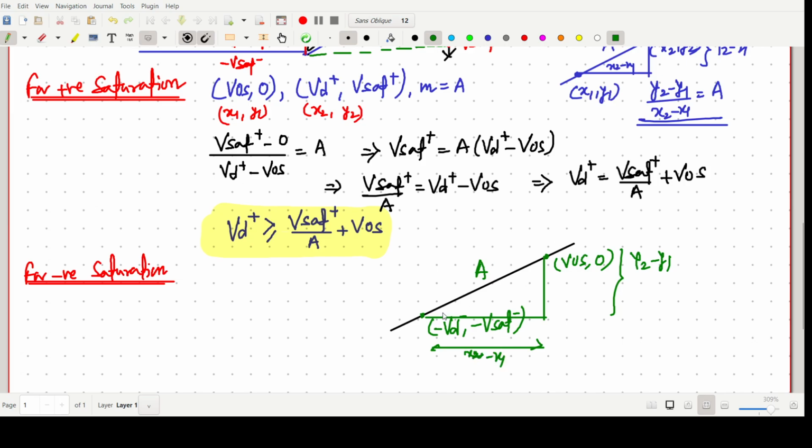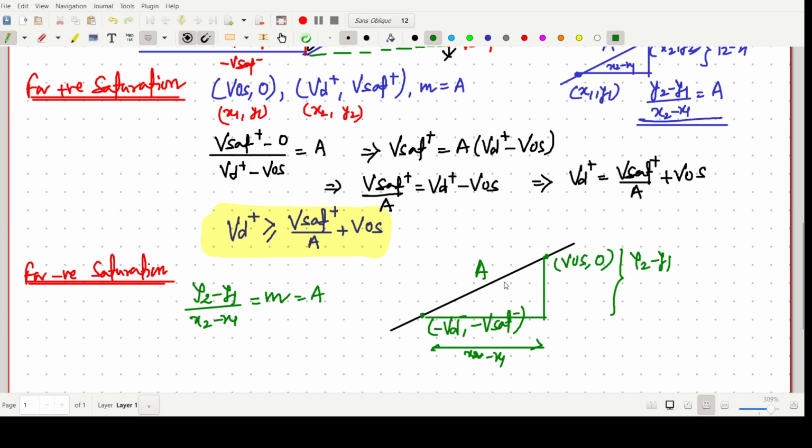We can easily find the unknown variable Vd minus, because everything is known to us. So again I am writing the formula: y2 minus y1 over x2 minus x1 equals some slope, say m, or we can write it as A.